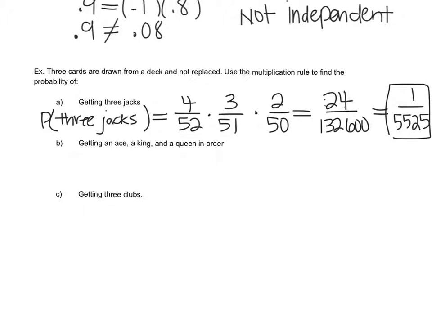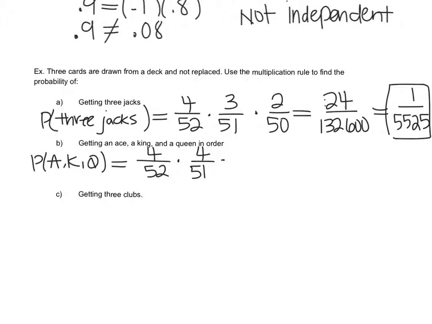Next, we want to find the probability of getting an ace, a king, and a queen in order. The probability of drawing an ace: there are 4 aces in a deck of cards, so that's 4 out of 52. And then when I draw a king, there are 4 kings in my deck of cards, but I've already drawn an ace, which means there are 51 cards left.